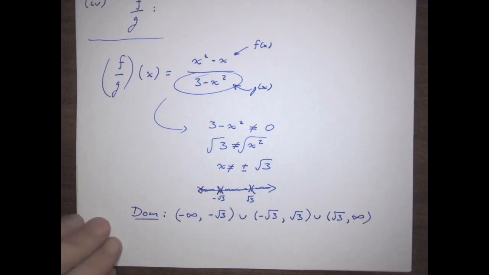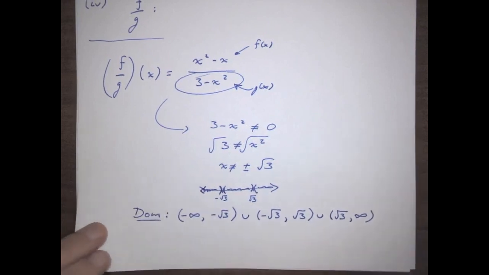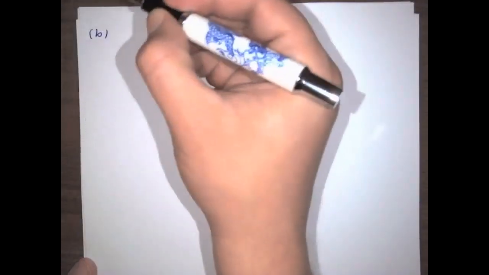Okay, so that's the first case of these, and now let's try something like this. So let's try B, another pair of functions, and this time it's going to be something like this.